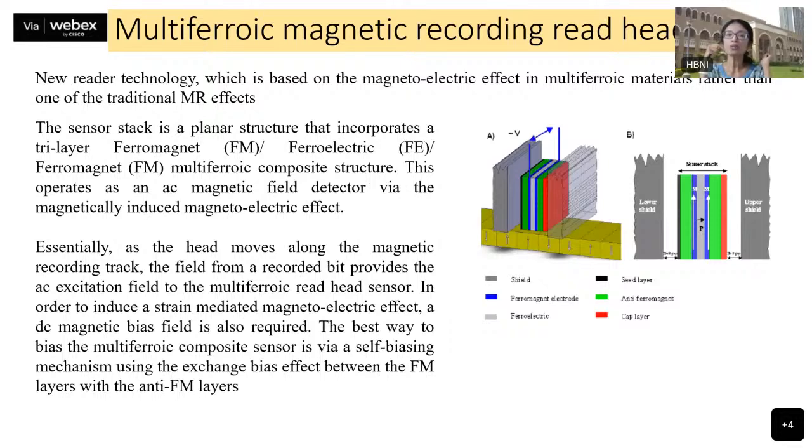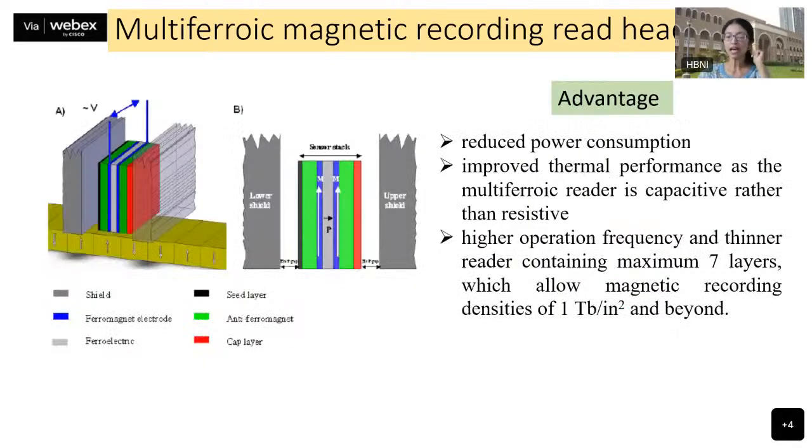In order to induce a strain-mediated magnetoelectric effect, a DC magnetic field bias is also required. The best way to bias the multiferroic composite sensor is via a self-biasing mechanism using an exchange bias effect between the ferromagnetic layer and the antiferromagnetic layers. Once this happens, what is the advantage? Definitely you have reduced power consumption and improved thermal performance.